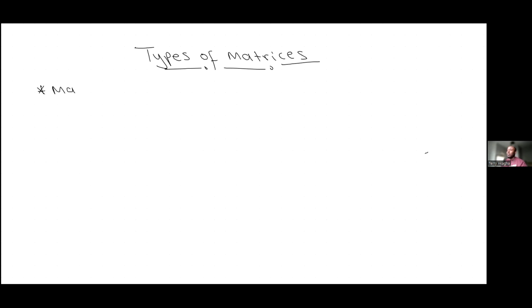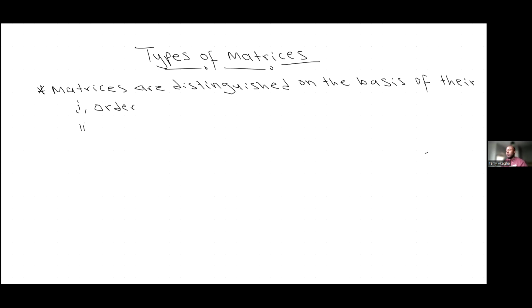So what we have here is that matrices are distinguished on the basis of their order, elements, and certain other conditions.